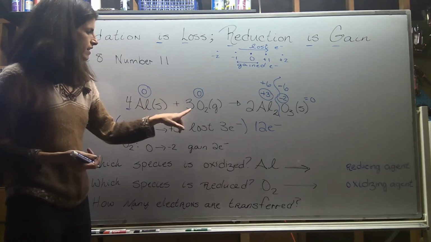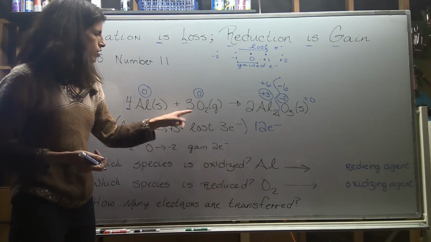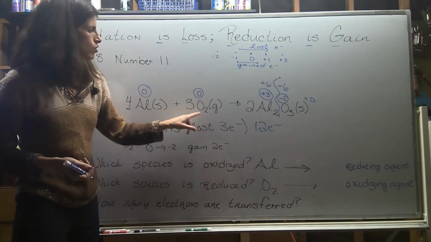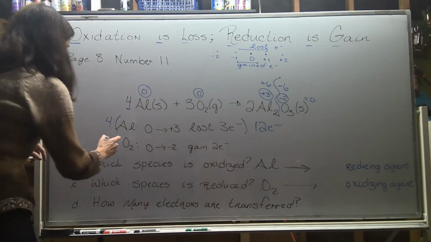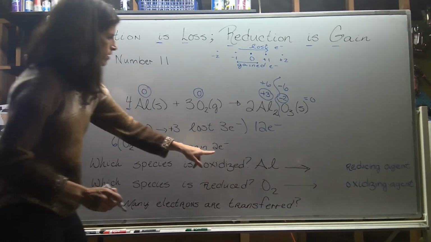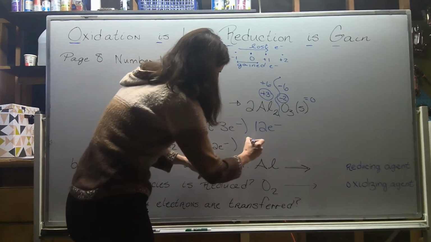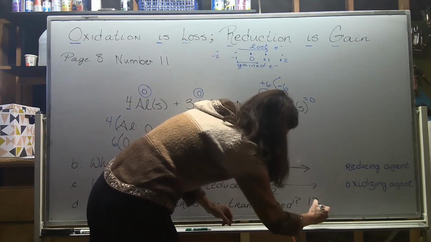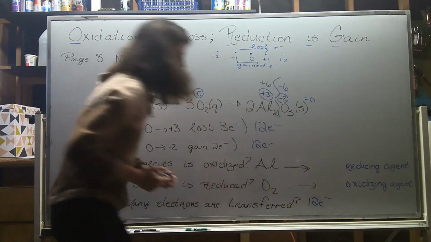If I was balancing it, I have to consider both the coefficient and the subscript. So I'm going to do 3 times 2 on this. I have 6 oxygens. So 6 times 2 gives me 12. And that'll be our answer down here.